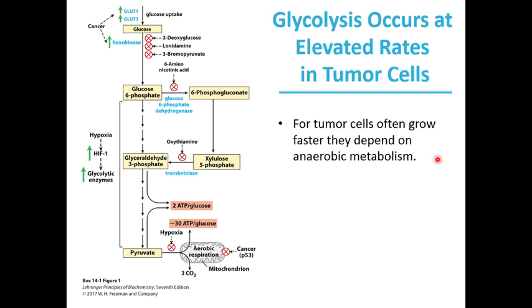Tumor cells that are located more than 100 to 200 micrometers from the nearest capillaries must depend on glycolysis alone for energy. So tumor cells increase the anaerobic glycolysis pathway by expressing more lactate dehydrogenase.